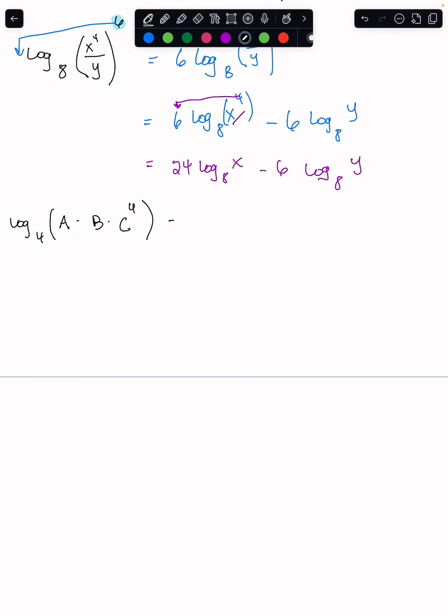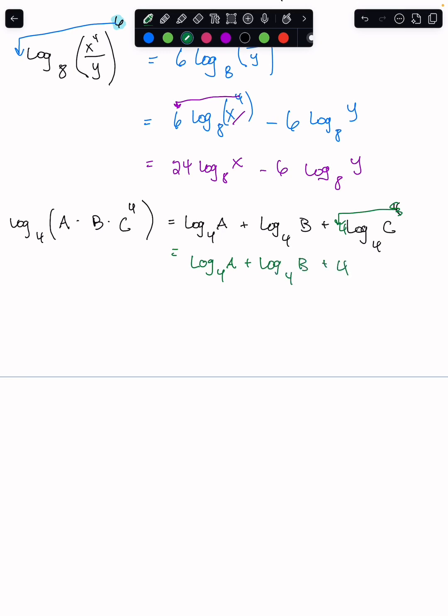So this ends up becoming log 4 to the a plus log 4 to the b plus log 4 to the c to the 4. Up, that has a power, which means this has to drop here. So my final answer is going to be log 4 to the a plus log 4 to the b plus 4 log 4 to the c. That's our final answer for that one.